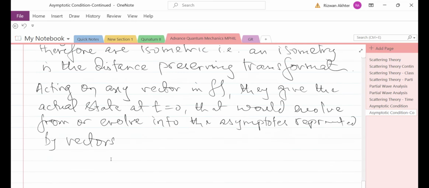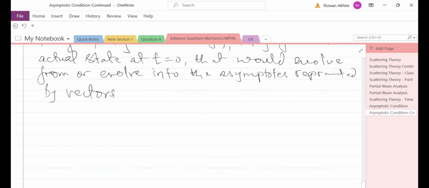So one could think about this pictorially. This is some asymptote, and this is the actual orbit, and it basically evolves into the actual orbit.